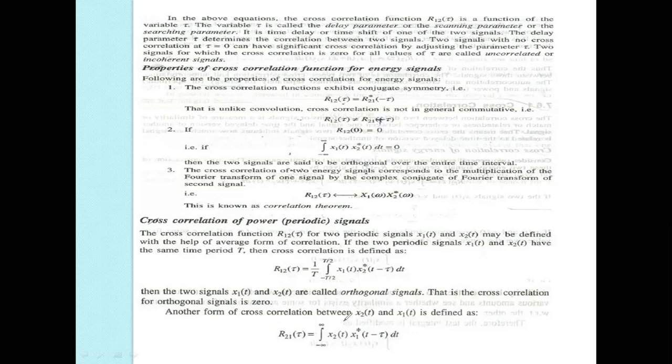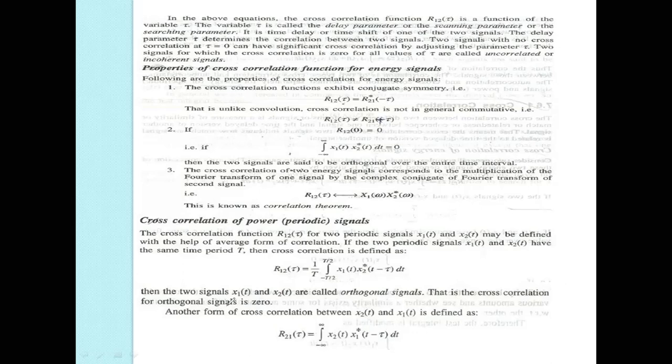Another form of cross correlation between x1 of t and x2 of t is defined as R21 of tau is equal to x2 of t and x1 star of t minus tau dt. And these two are not equal, my dear students. When we can take it as R21 of minus tau, then both are equal.